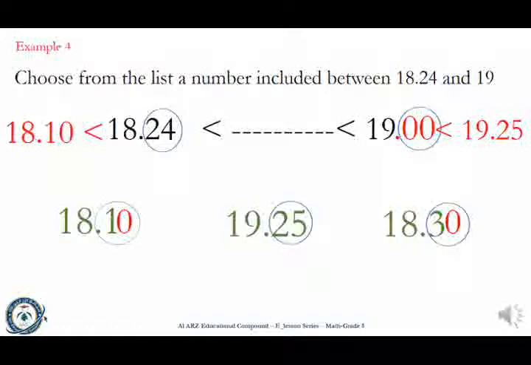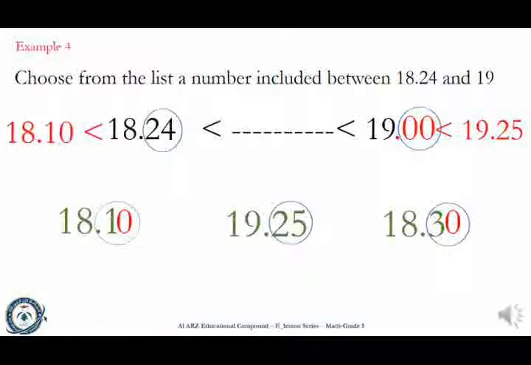Now the next number, 19.25. Is this number included between 18.24 and 19.00? No. Since the whole part is 19, we compare the decimal parts. 25 is greater than 00, so the number is greater than 19.0, not included between them.